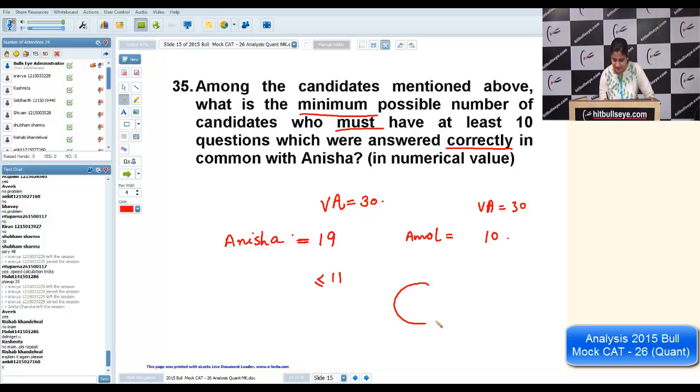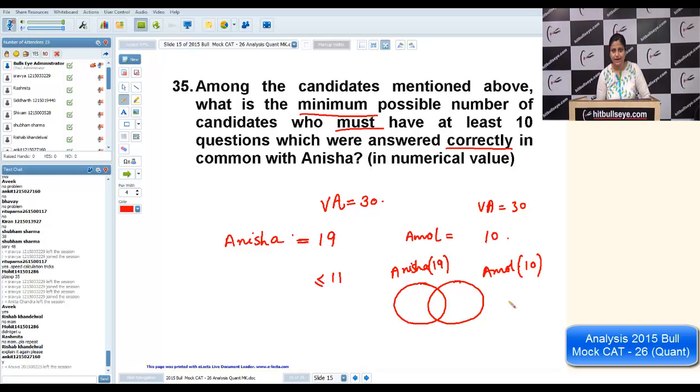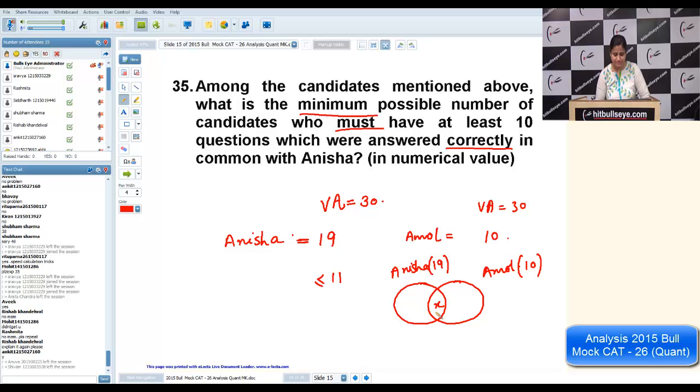So if we make a Venn diagram, this is for Anisha and this is for Amol. I'm taking the number of correct questions in VA. The total should be 19 here, the total should be 10 here. I don't know the intersection part, let it be x. So it will be 19 minus x, and 10 minus x. Is it okay with you?